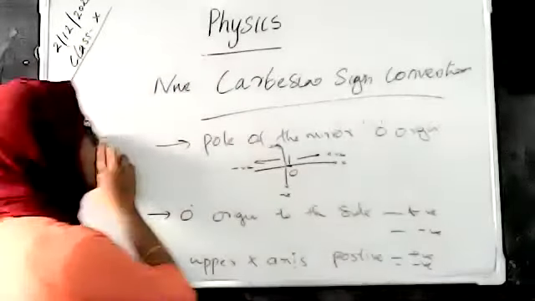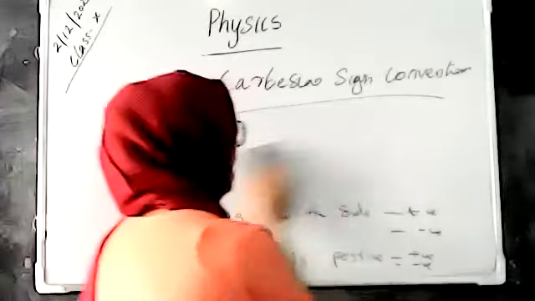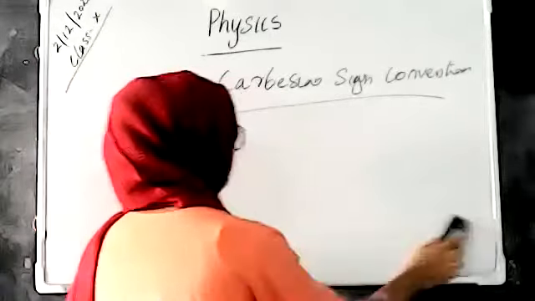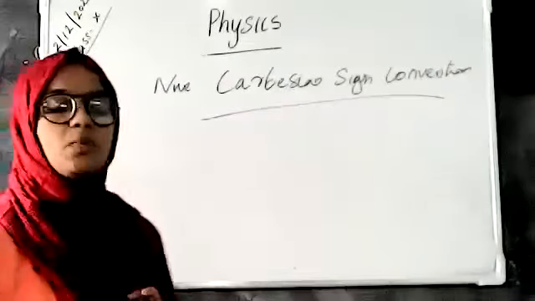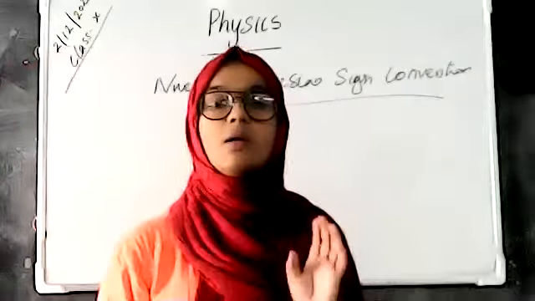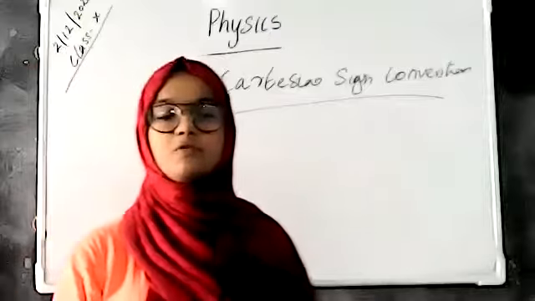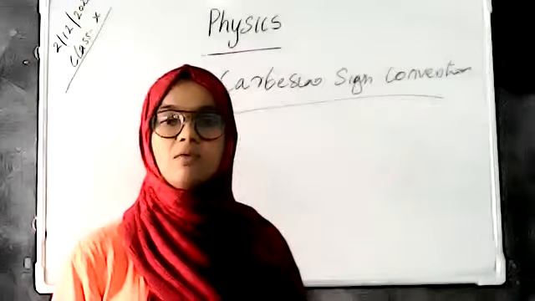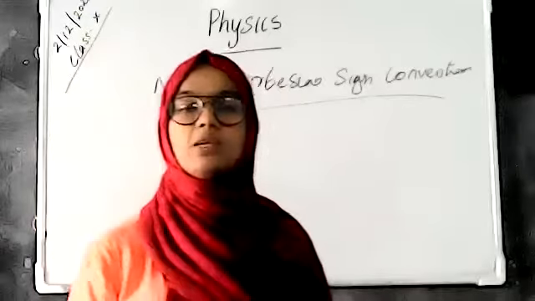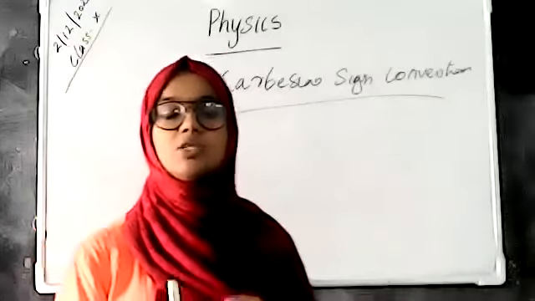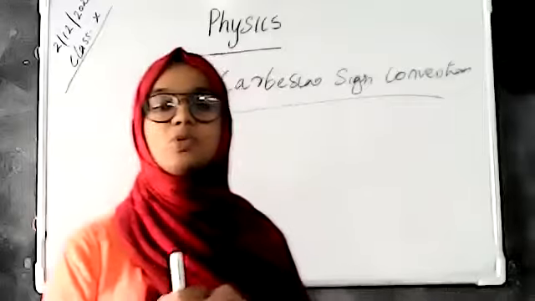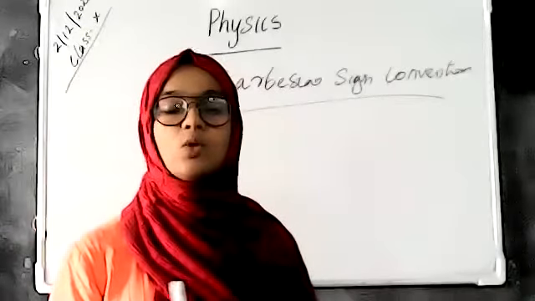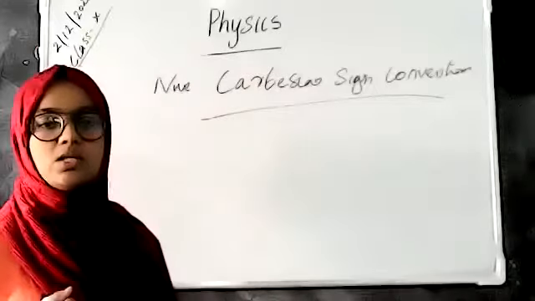When using the New Cartesian sign convention, we have to find the distance of the image from the mirror, the object from the mirror, the height of the object, and the height of the image. We want to find all of this using the New Cartesian sign convention, and from this we have to calculate the focal length of mirrors using the mirror equation.